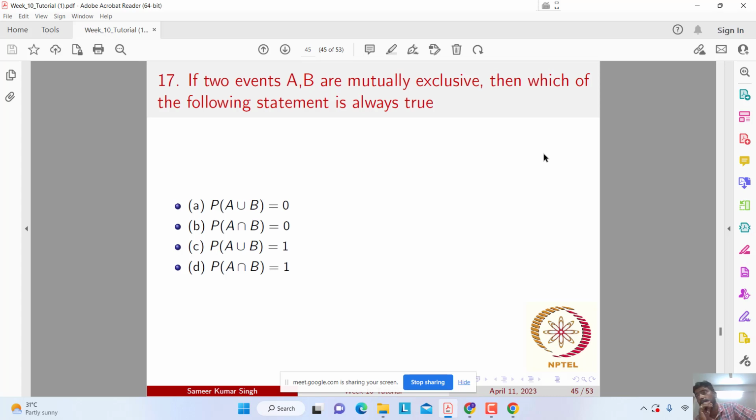If head and tail will not come together, then whenever we calculate the intersection of the both, it will become 0. So the answer will be B.